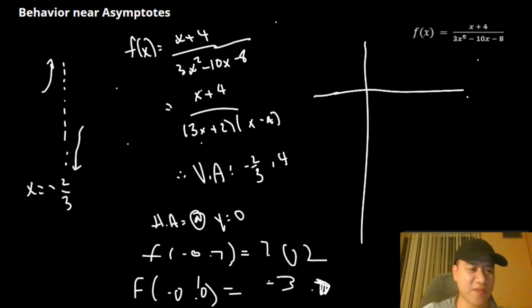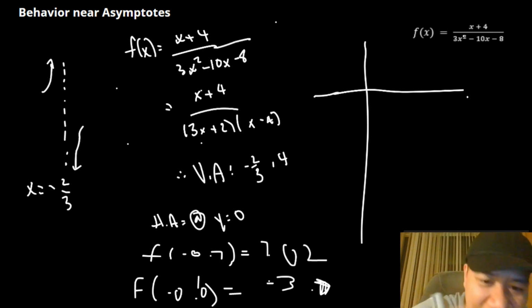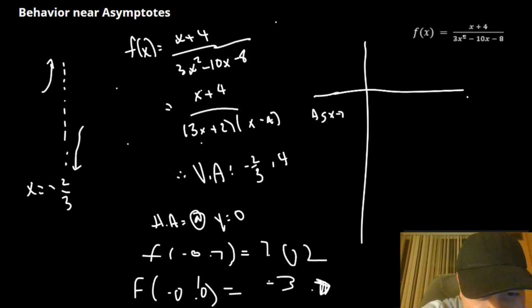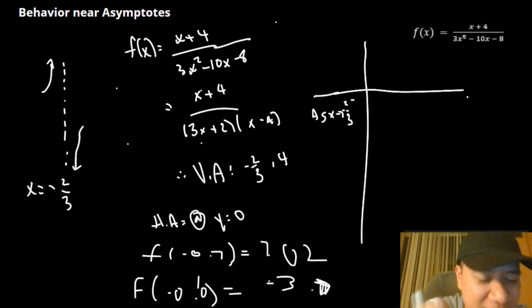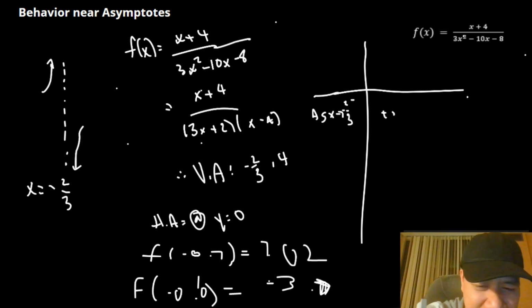Sweet. So there's a proper way of writing this out using our table over here. So as x approaches -2/3, and we use a negative sign at the very top to say from the left, so from the left side of our asymptote, as x approaches -2/3 from the left side, it goes to positive infinity.